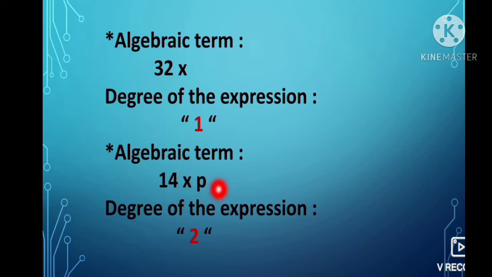That is 1. And the power of p is 1. And the sum of these powers will be 1 plus 1 is equal to 2. 2 is the degree of this term. That is, when the variables are in product, the degree of the term 14xp can be found by adding the powers of these variables x and p.